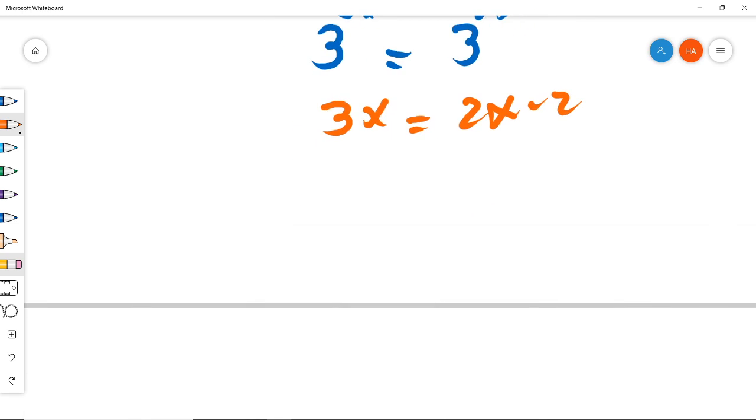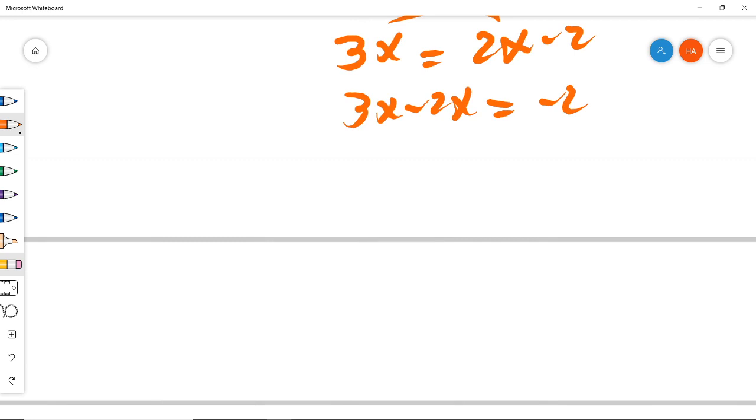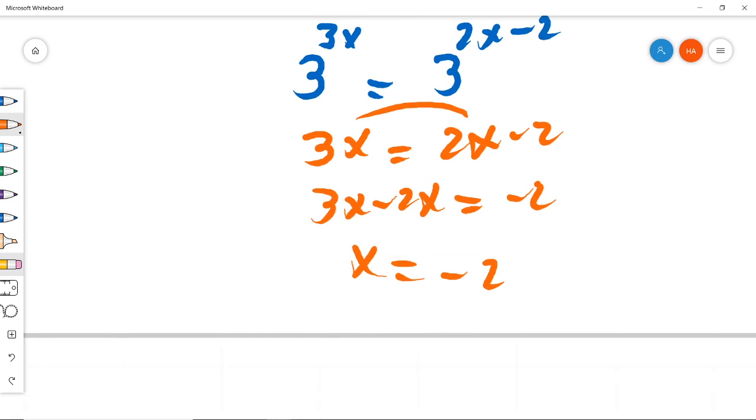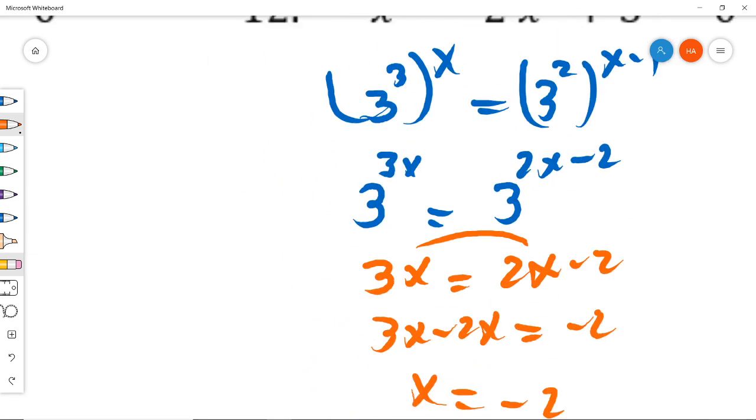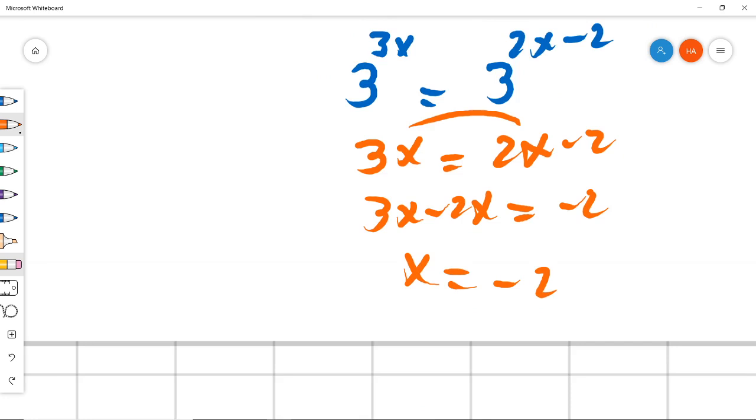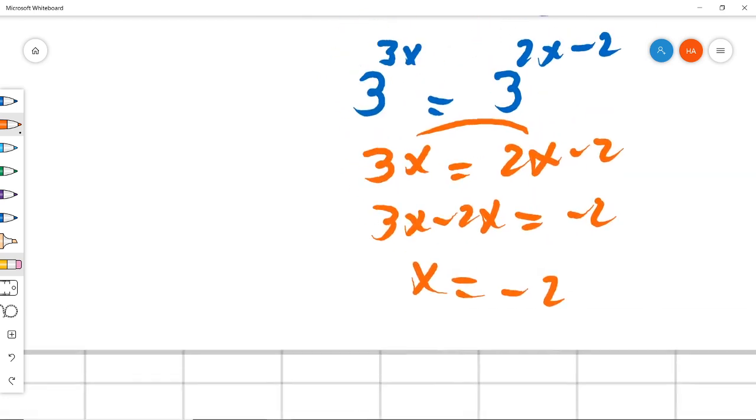Now subtract 2x, we move 2x here: 3x minus 2x equals negative 2. 3x minus 2x equals x. So x is negative 2, and this is the solution for this equation. The solution is x equal negative 2.